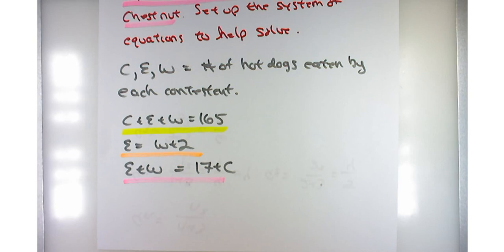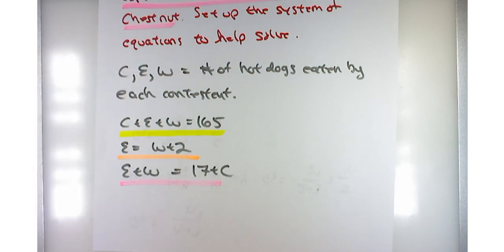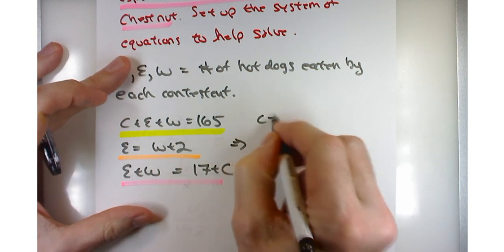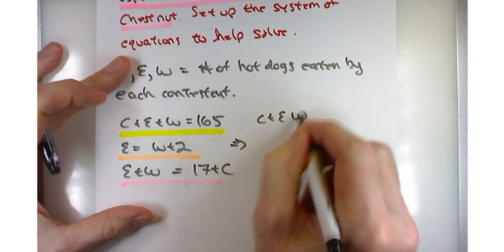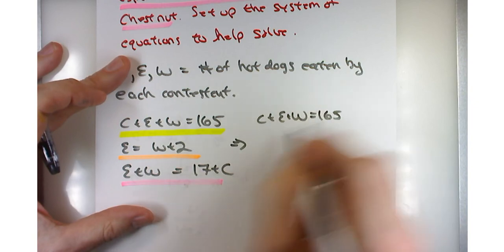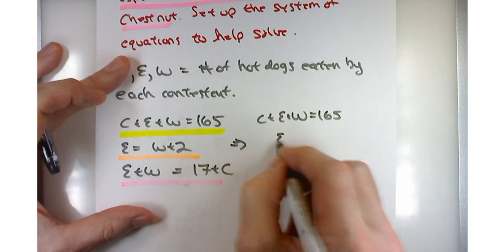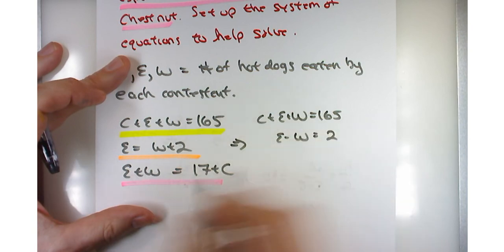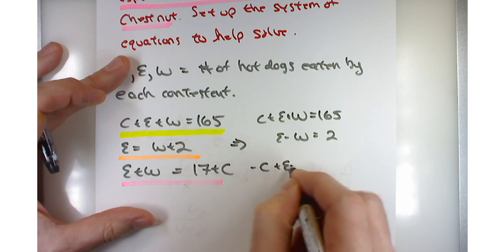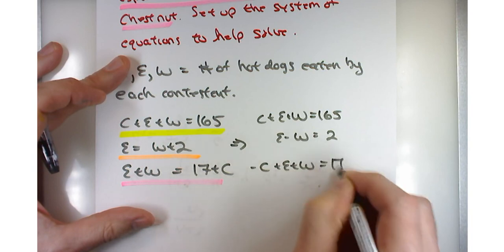Is it easier to have all the variables on one side, like the first one, or do we wanna have the variables split up? Well, I guess it depends on exactly how you're gonna solve this, but in general, it's probably nicer to have things on one side. So I would write this as E minus W equals 2, and then move the C to the other side, minus C plus E plus W equals 17.